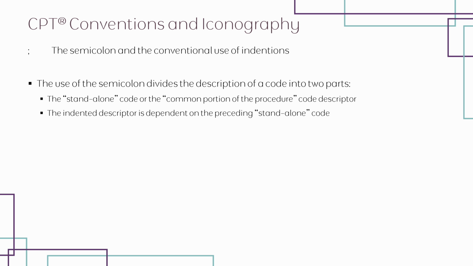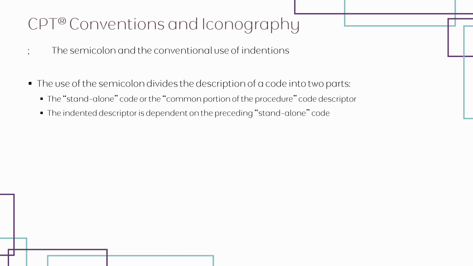The words that follow the semicolon are used to complete the description for the related indented codes that come immediately after the parent code. These indented descriptors are dependent on the standalone code that precedes the semicolon. In other words, when you read an indented code, you read the standalone code first, followed by the additional wording that appears after the semicolon under the indented code.